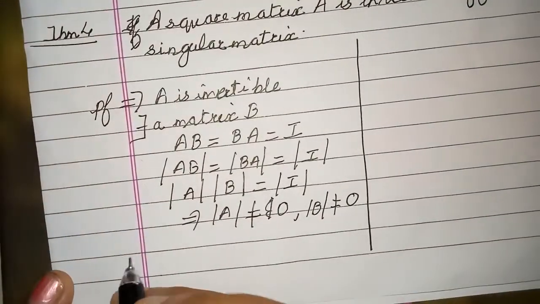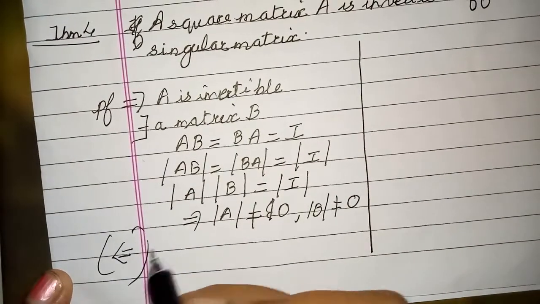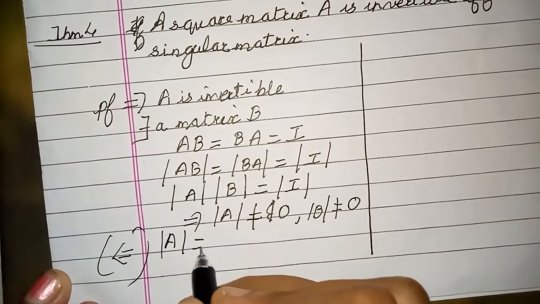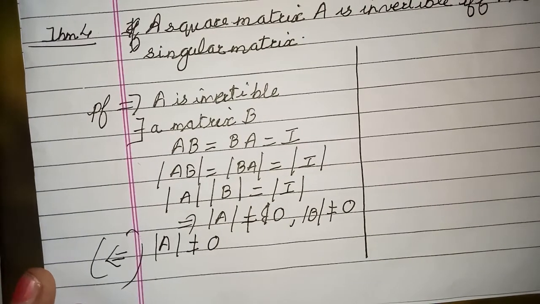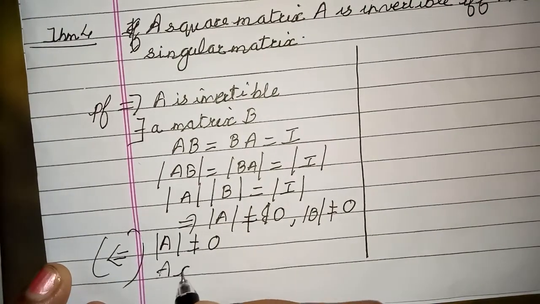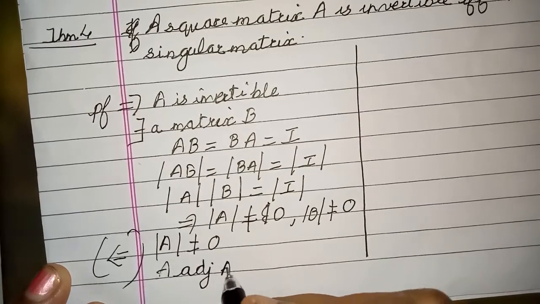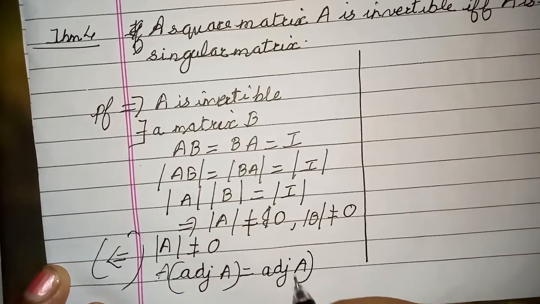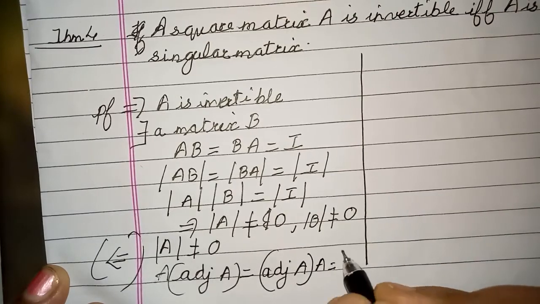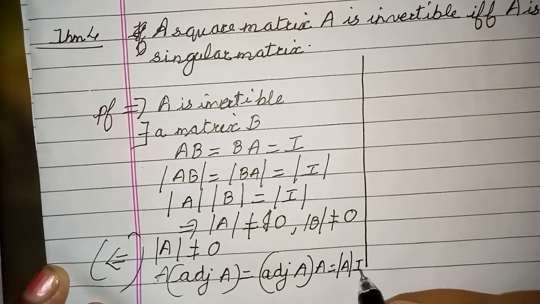Now backward implication. It is given that determinant of A is not 0. Just now we have revised a concept which said that A into adjoint of A is the same as adjoint of A into A, equal to determinant of A into I. This was the last class theorem.